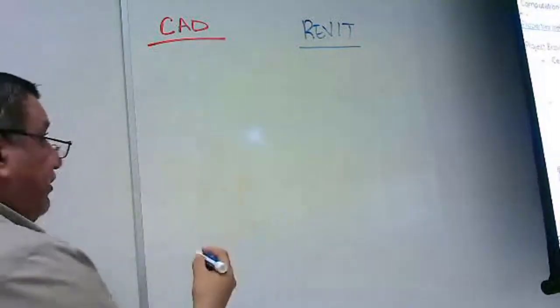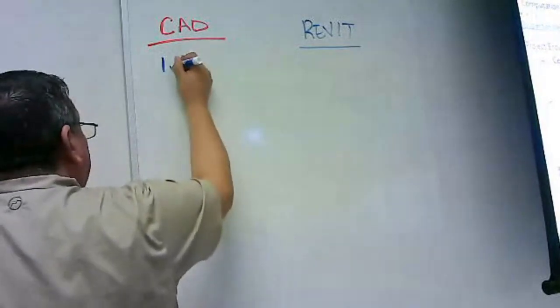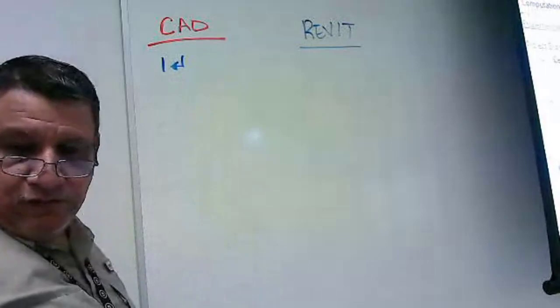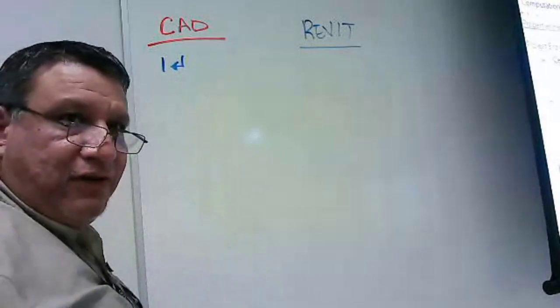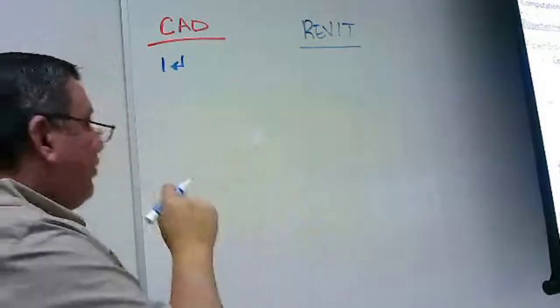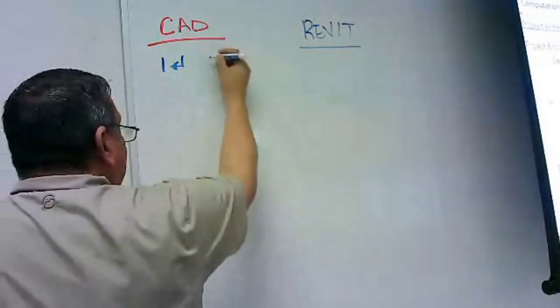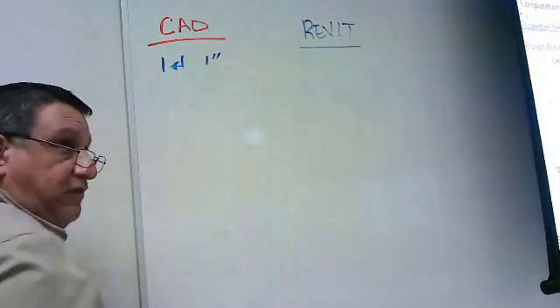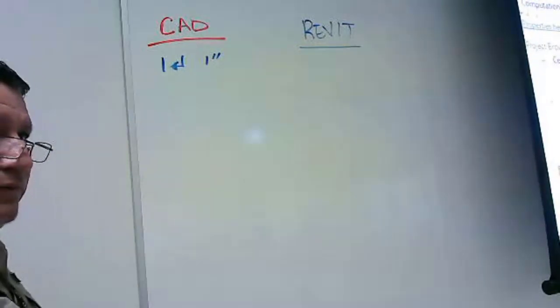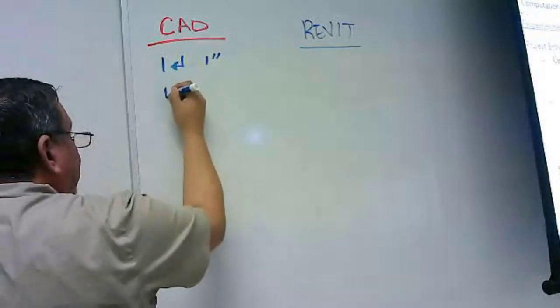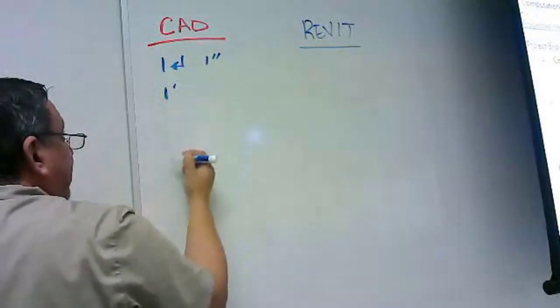All right, we said earlier that if I do one enter, by the way, this is an enter symbol, in case you didn't know. It used to be on the keyboard. Anyways, if I do this in CAD, you told me that it was 1 inch, right? Now, in CAD, if I wanted 1 foot, I have to type this, right?